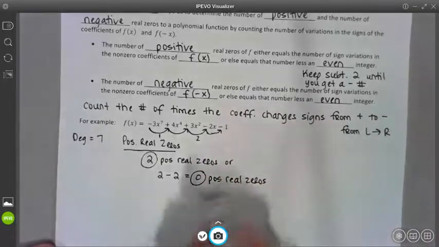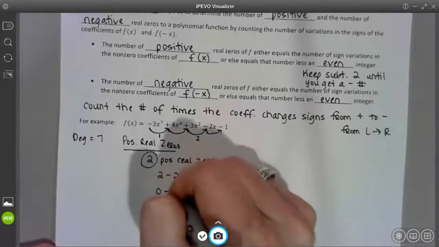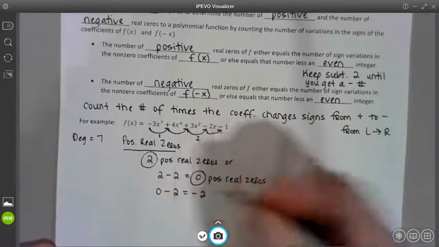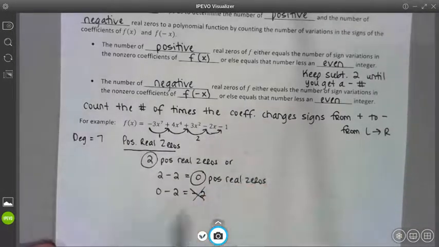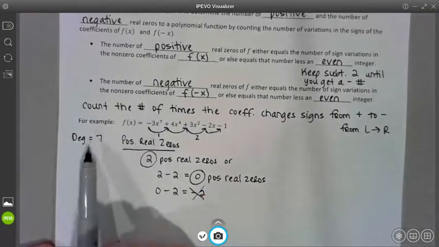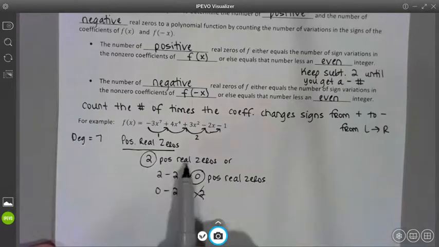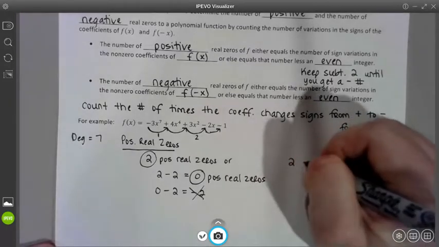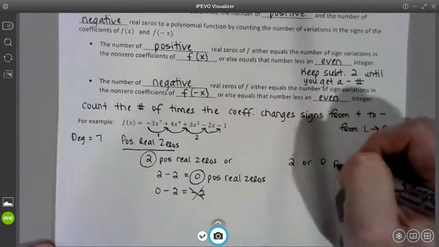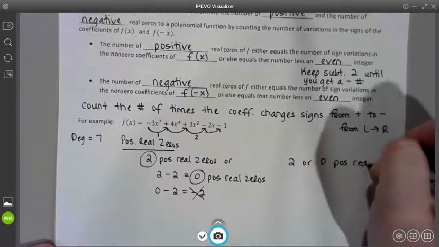Take that number, 0, subtract 2 from it. I get negative 2, right? You just keep subtracting 2. Well, I got a negative number, so now I know to stop. So out of these 7, either 2 of them will be positive real zeros or 0 of them will be positive real zeros. So the answer is 2 or 0 positive real zeros.